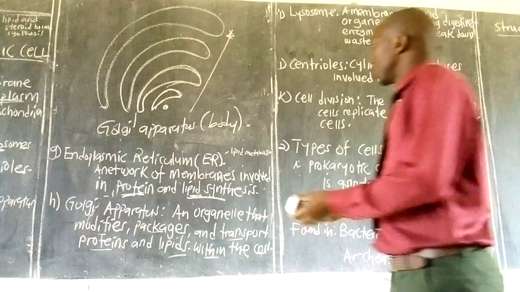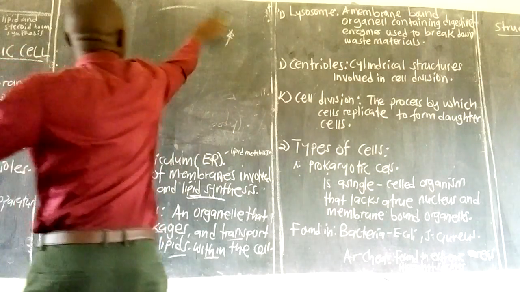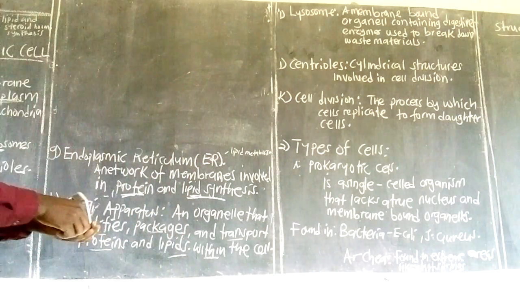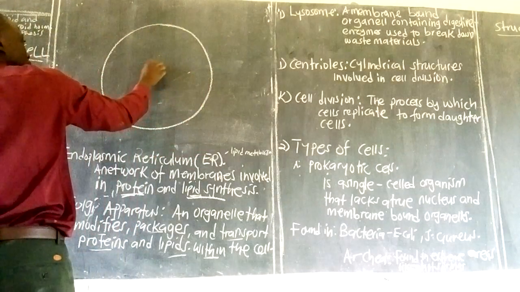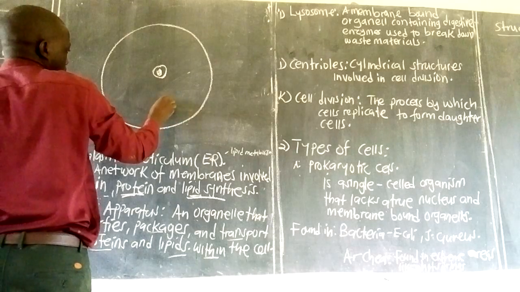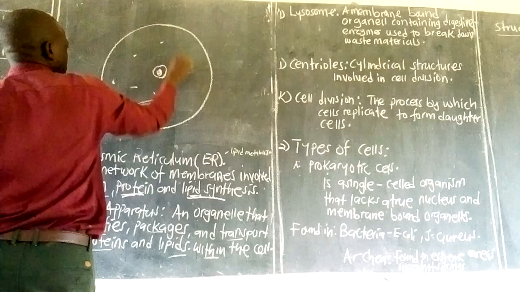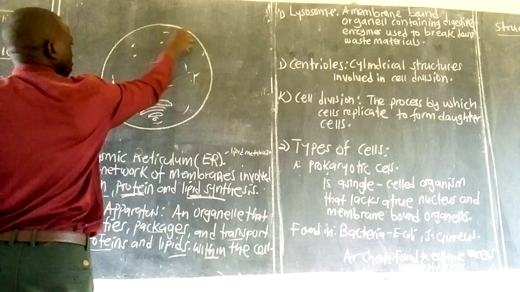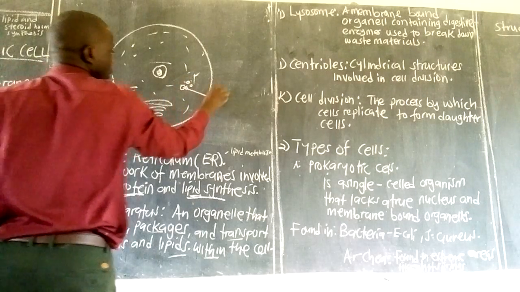So when you look at our structure of the cell, this is the nucleus, and we also talked about the Golgi apparatus, and the cytoplasm as the fluid matrix within the cell.